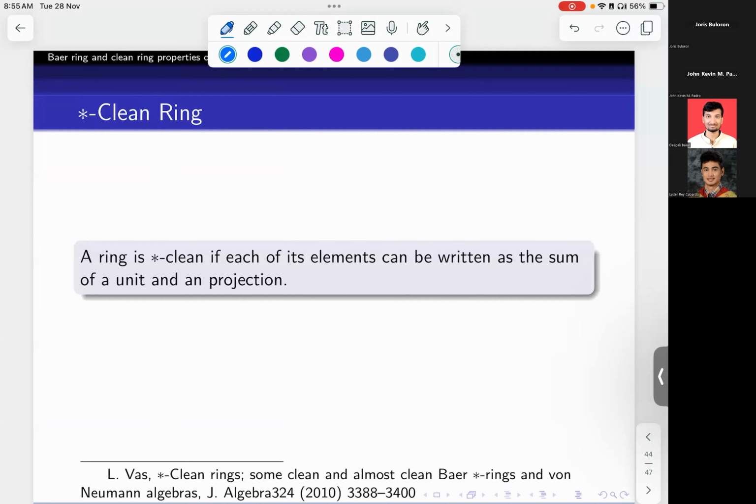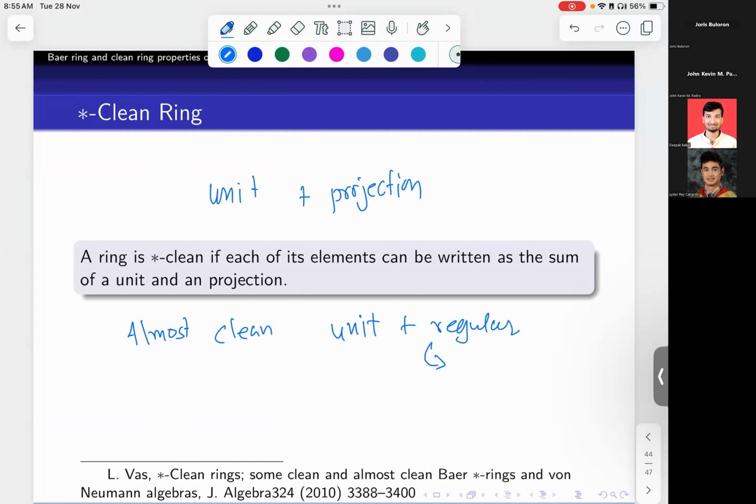A ring is star clean if it is a unit plus a projection instead of an idempotent. You call a ring almost clean if it is a unit plus a regular element, regular not in the von Neumann sense, but something which is not a zero divisor, neither a left zero divisor nor a right zero divisor.